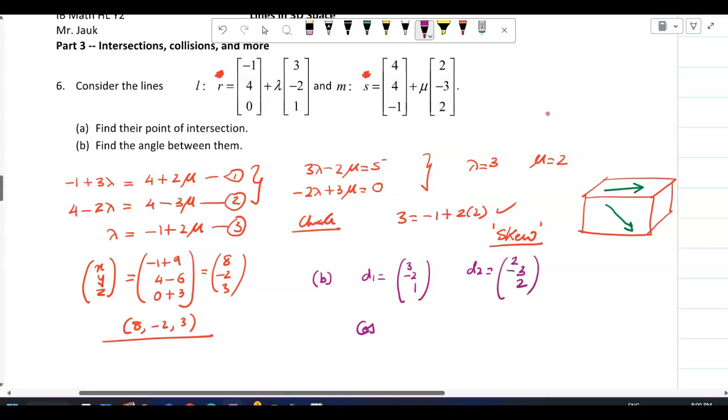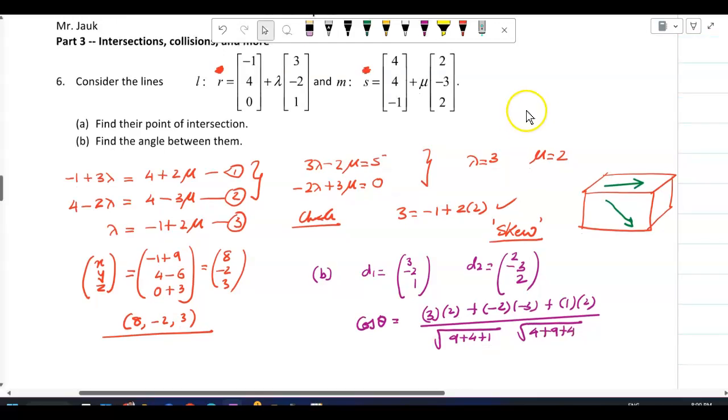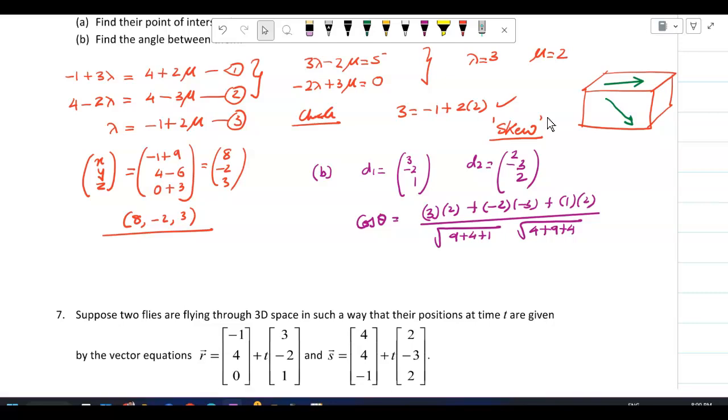So your cos theta is equal to 3 into 2, plus minus 2 into minus 3, plus 1 into 2, divided by root of 9 plus 4 plus 1, times root of 4 plus 9 plus 4. That's 6, plus 6, plus 2, which is 14, divided by root of 14 times root of 17.